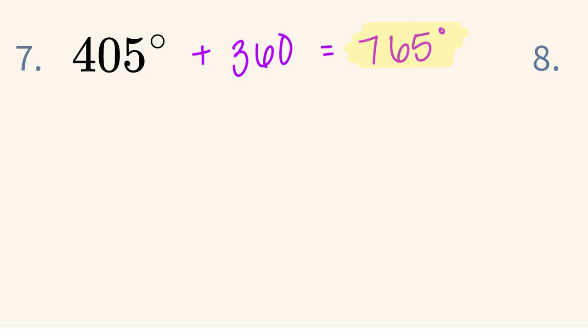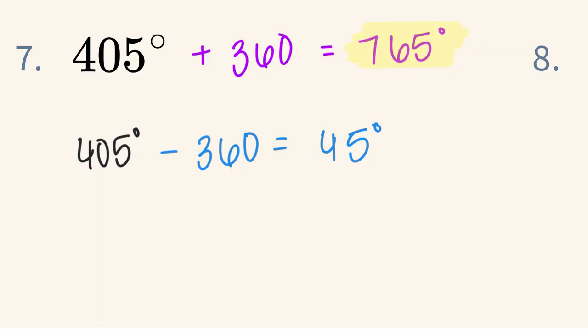Now, I need a negative coterminal. I have 405. And if I were to subtract 360, I'm going to get 45 degrees. Is that a negative coterminal angle? No. So that is not my answer. I have to go one more step further. I'm going to take that 45 degrees and again subtract 360.